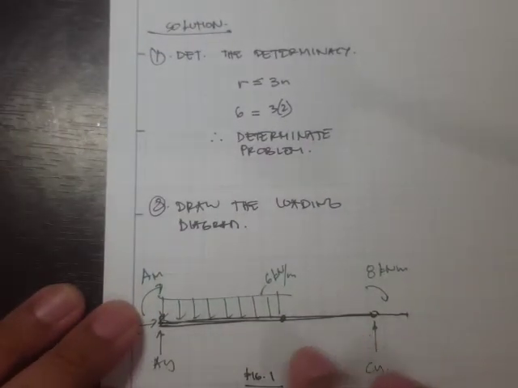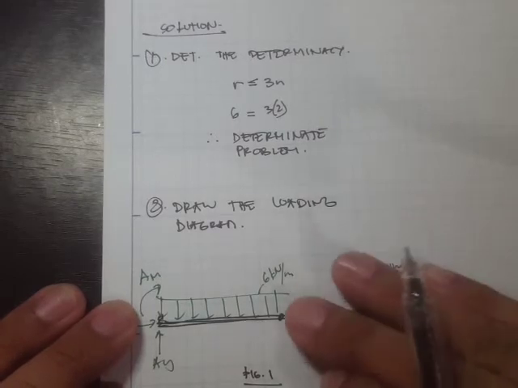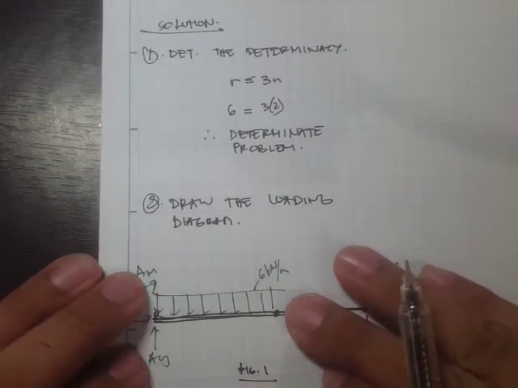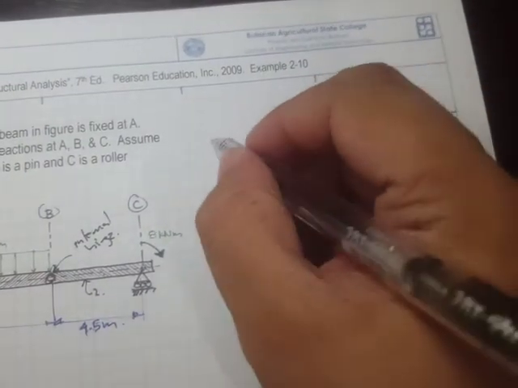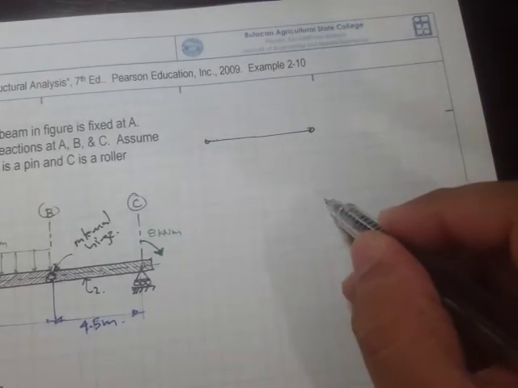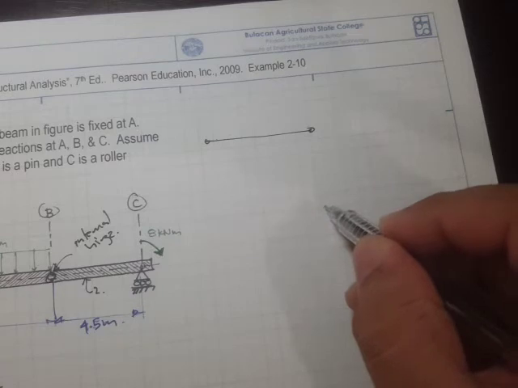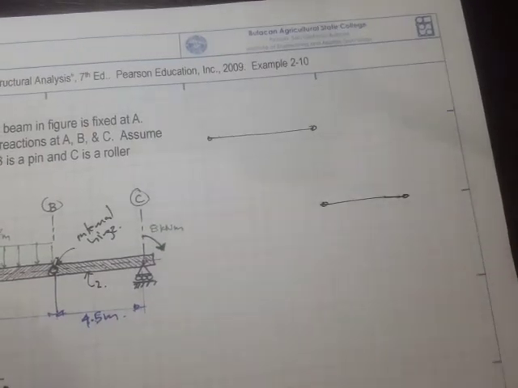But since this is a compound beam, we can also apply the loading diagram for just member 1 or member 2. Right, so right here, let's say this is member 1, and right here this is member 2.